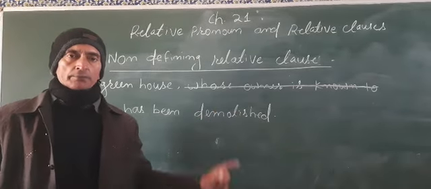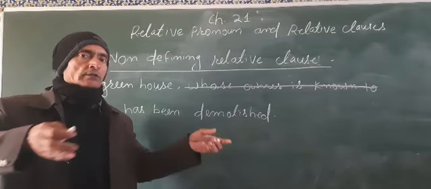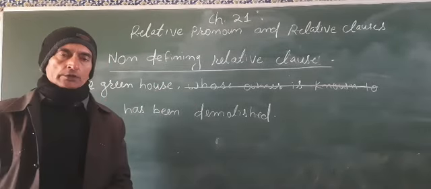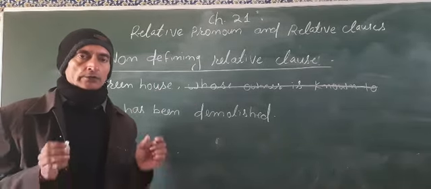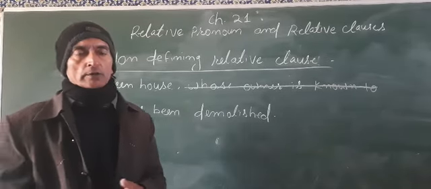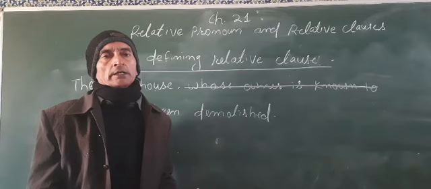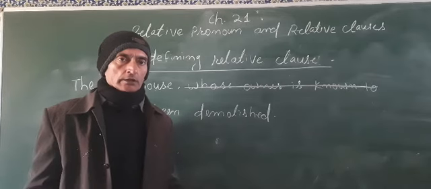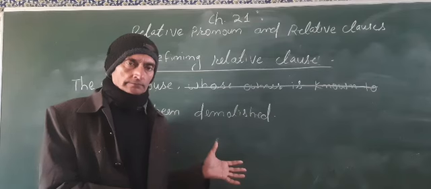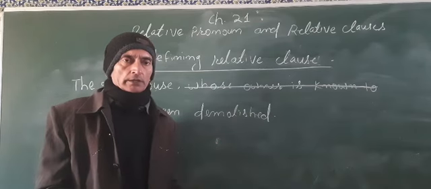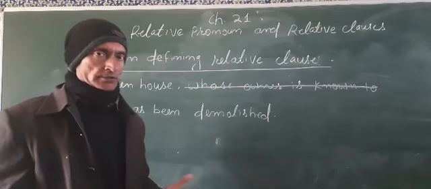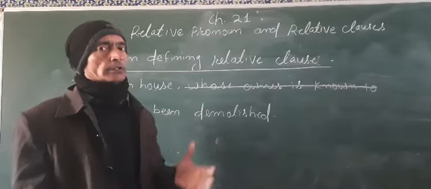There is no difference whether the non-defining clause is there or not. So non-defining clauses give some extra information about the person or thing, but they are not essential for the completion of the sentence. They are unnecessary.